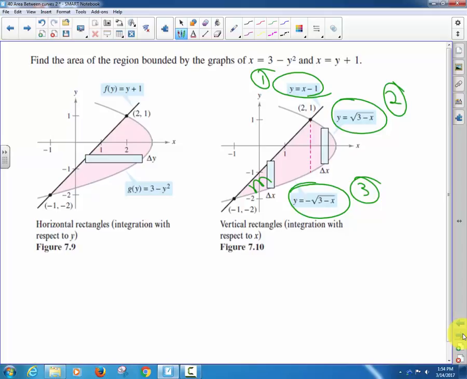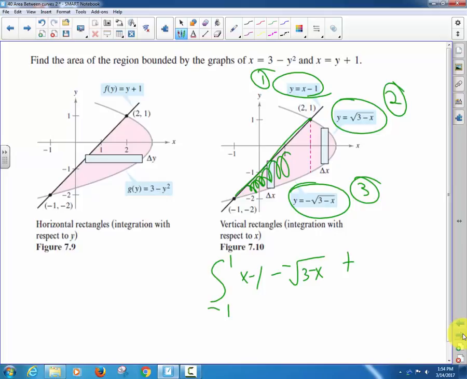I want to prove to you why you need to be able to do this with y's. If I'm looking at this straight on, and I'm going to integrate top minus bottom, well, this line is on top until I get to there, isn't it? So I've got to integrate from -1 to 1, the top, which is x minus 1, minus the bottom, which is negative square root of 3 minus x.